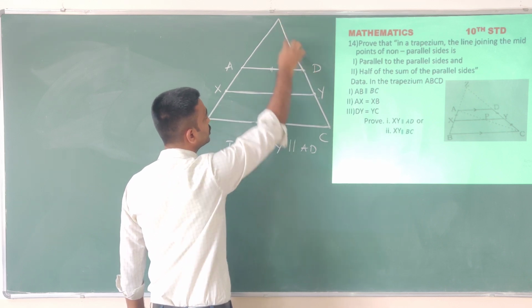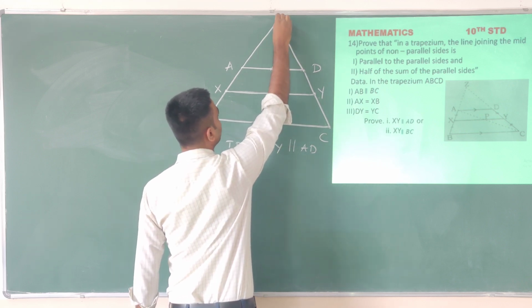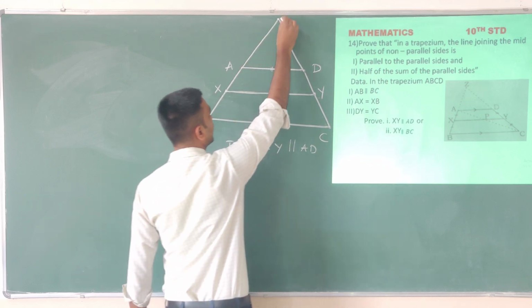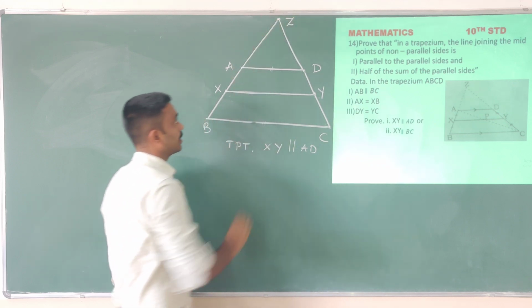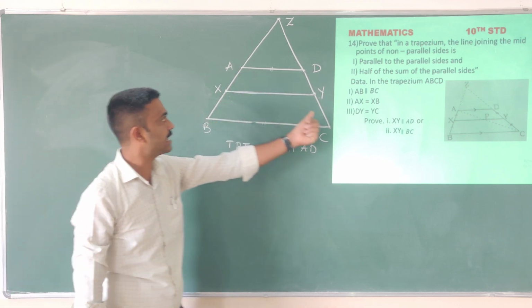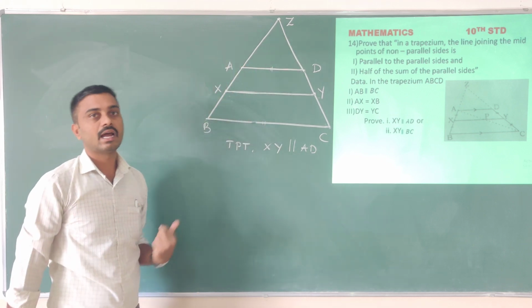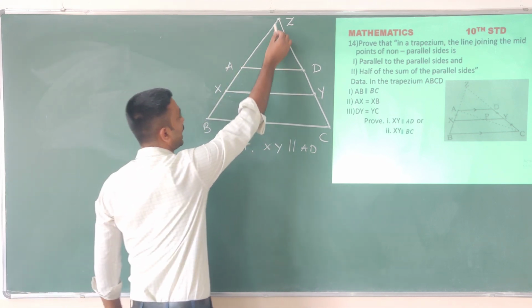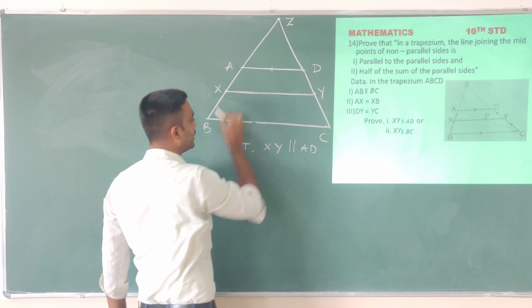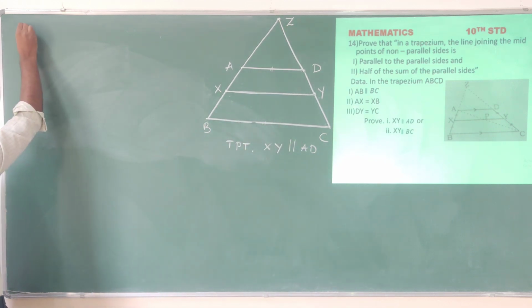This is the extension of CD of trapezium ABCD, meeting the extension of BA at some point Z. Now what is the construction, dear students? We extend the sides BA and CD to meet at the point Z. So now it will become a triangle. Let us consider the triangle ZBC.